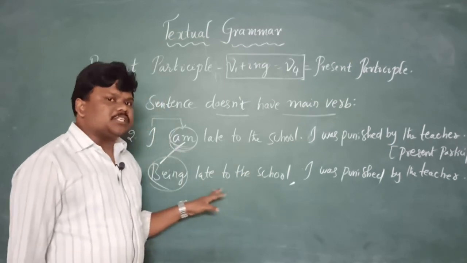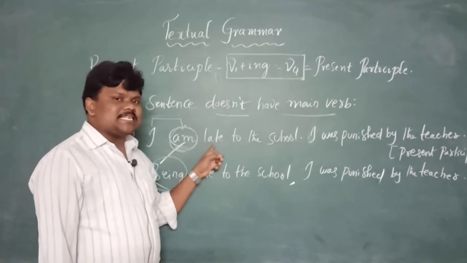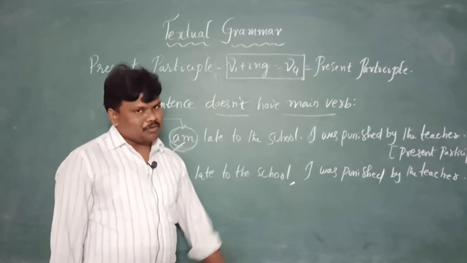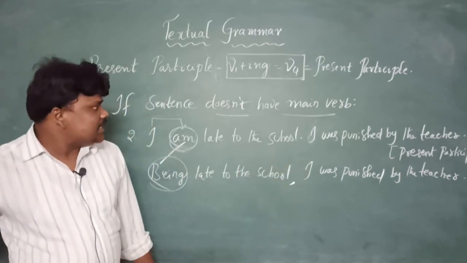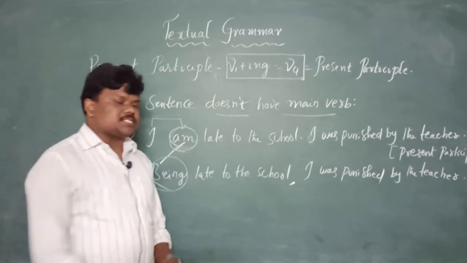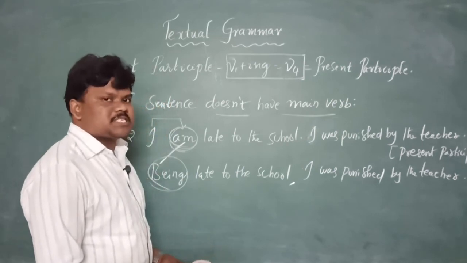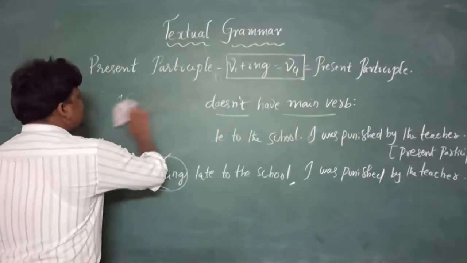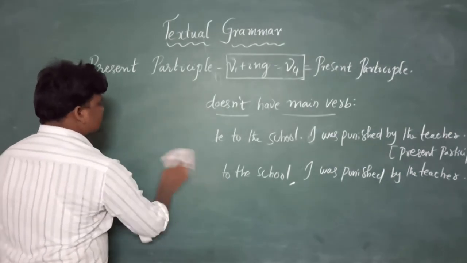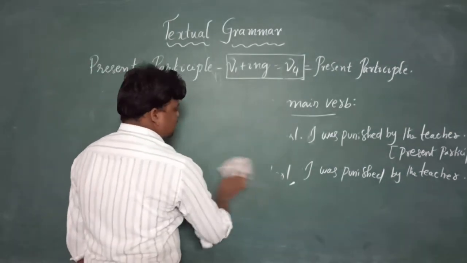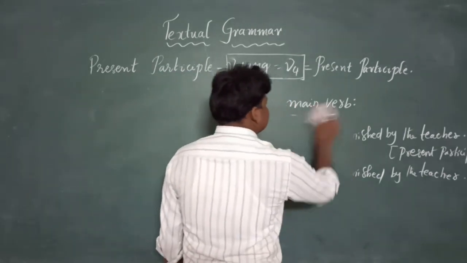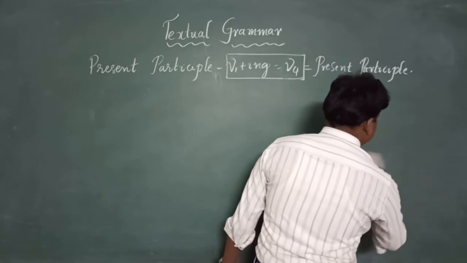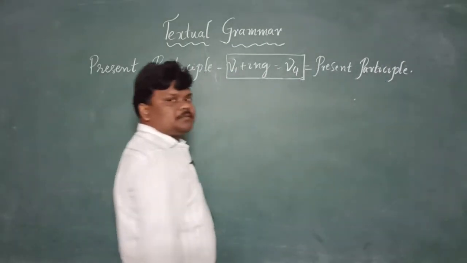I taught you in the two situations: if the sentence has a main verb, and if the sentence doesn't have any main verb. Well, very easy. Let's get into one more interesting topic in the same participles, which is called past participle. How do we combine the two sentences with the past participle? I told you in the first class what is meant by past participle. Can anybody say what is meant by past participle?